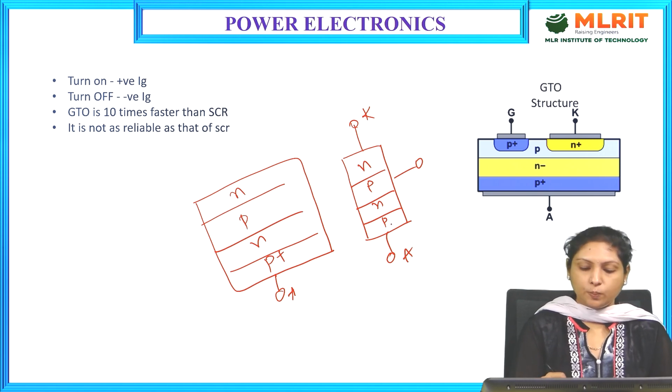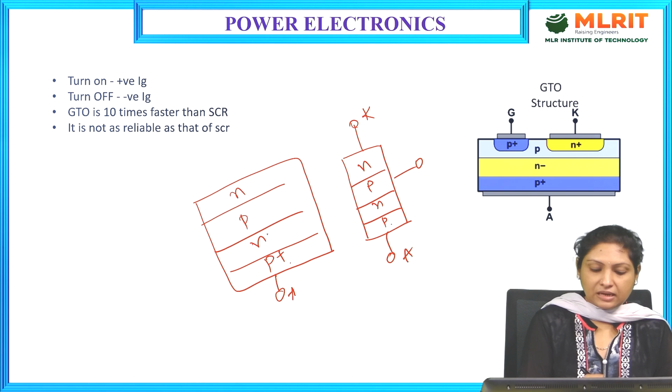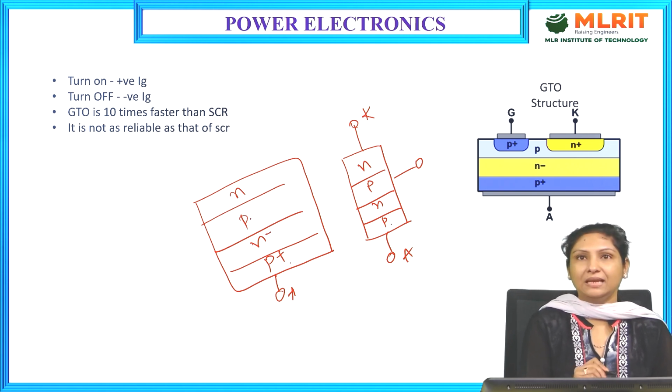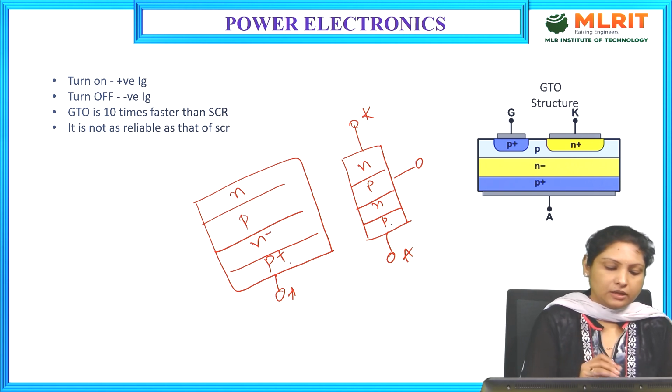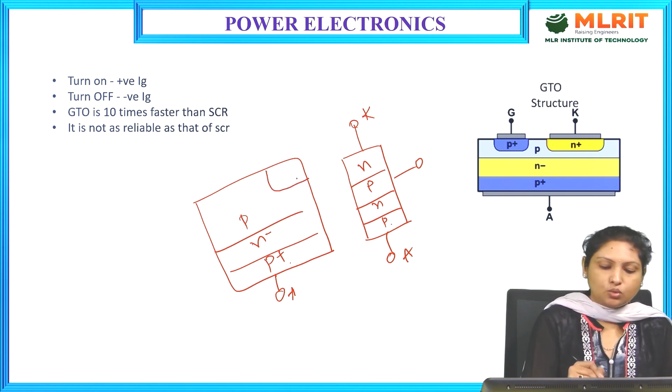I mean, the doping level of GTO will be more when compared to that of a conventional SCR, and the N layer is similar, the N layer that is lightly doped, and again over which we have the P layer. Here in GTO we will connect the cathode to the N plus layer.